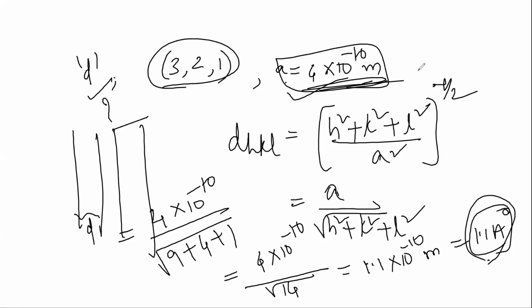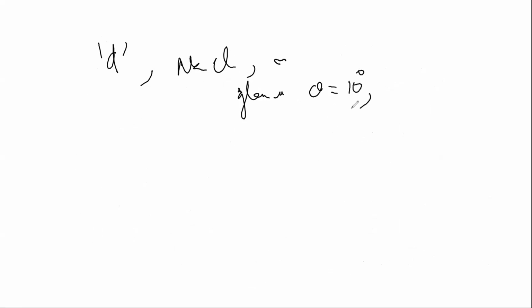Okay. Let me solve one more problem for you. Calculate the interplanar spacing D for NaCl crystal when they have given you the glancing angle theta, that is 10 degrees, and the X-rays wavelength they have given you to be 0.97 angstroms.